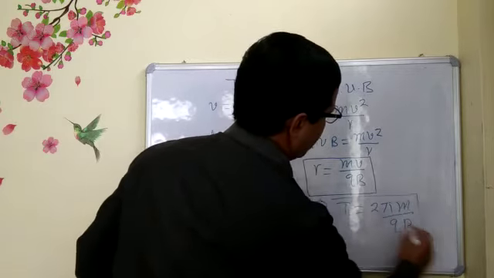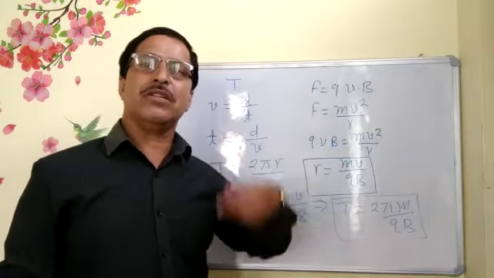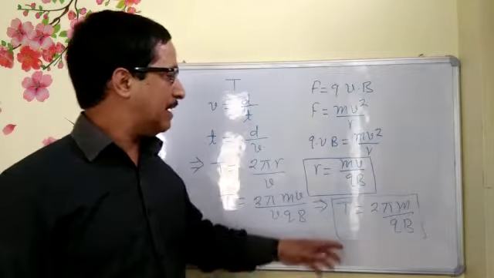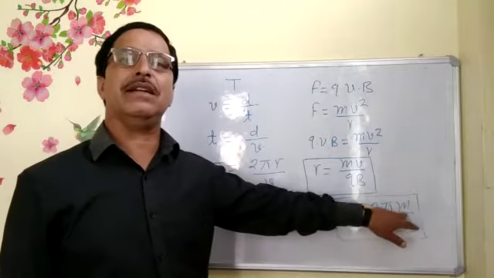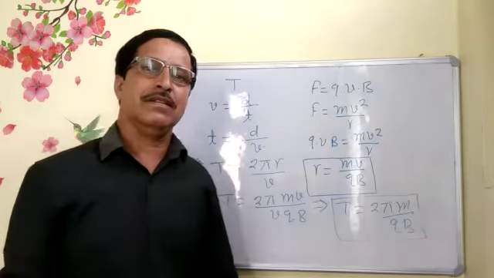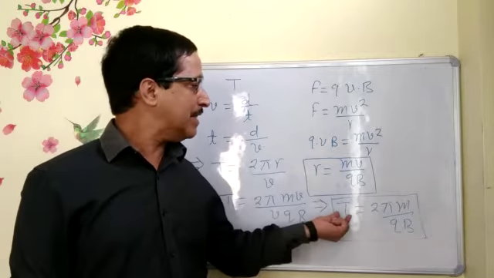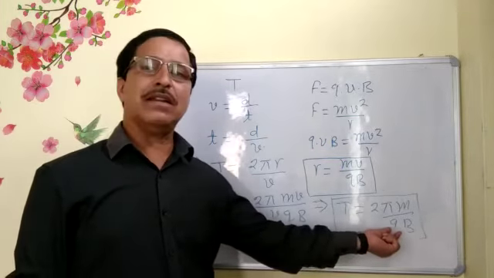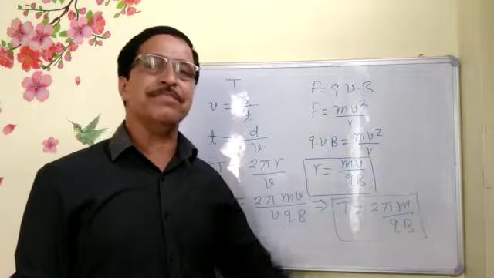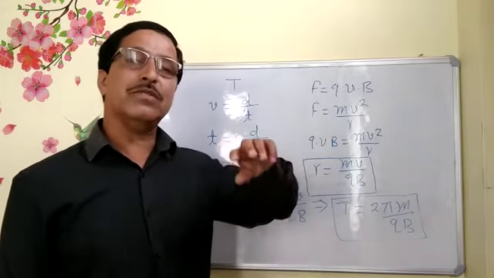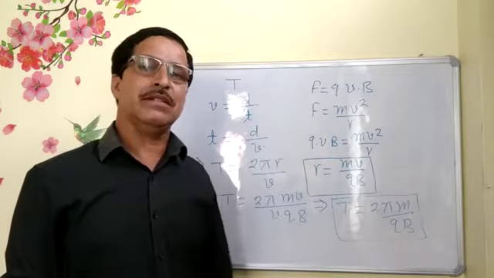From this expression you can see that the time period of revolution of the charged particle in the circle is independent of its velocity. That is, if the velocity increases or decreases, even then the charged particle which has charge q, mass m, will move with the same time period.